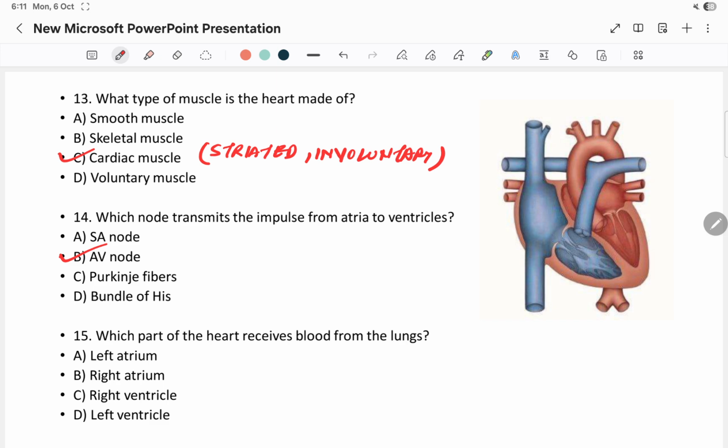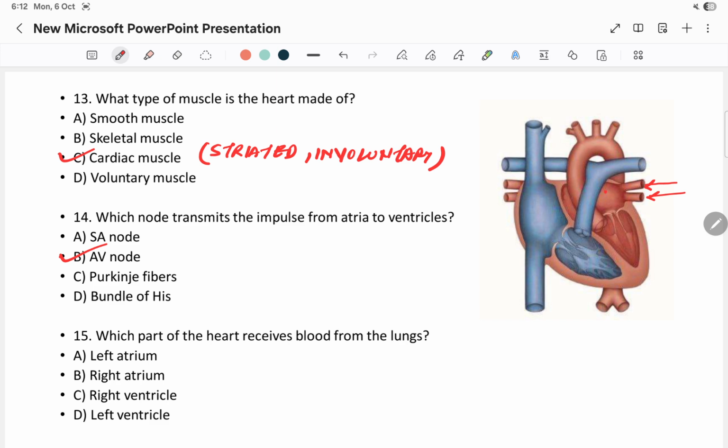Question number 15. Which part of the heart receives blood from the lungs? Option A, left atrium, B, right atrium, C, right ventricle, D, left ventricle. So the oxygenated blood from the lungs travels back to the heart.